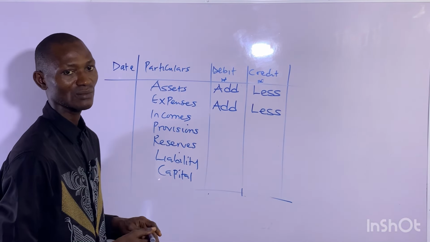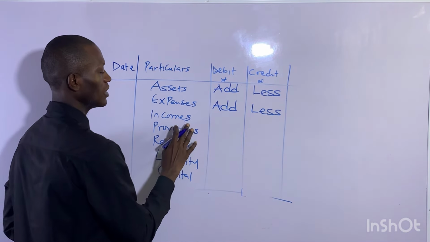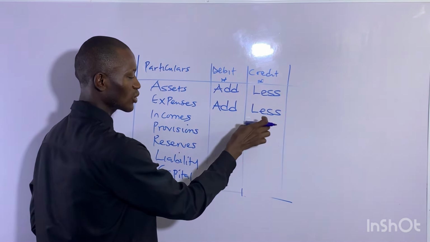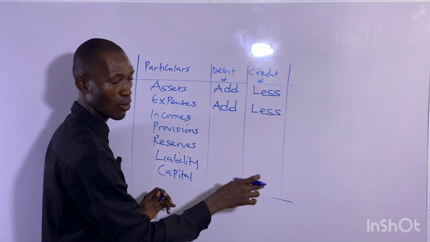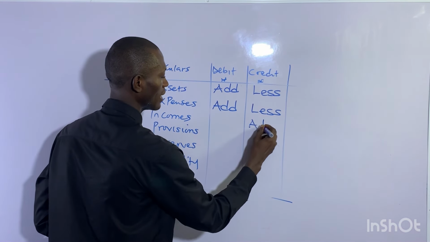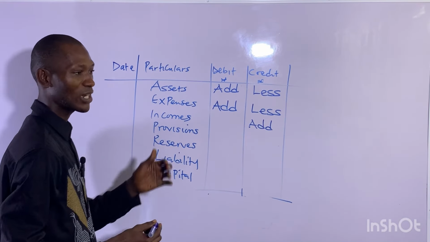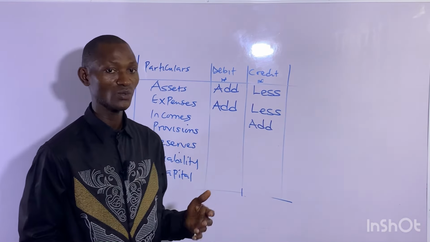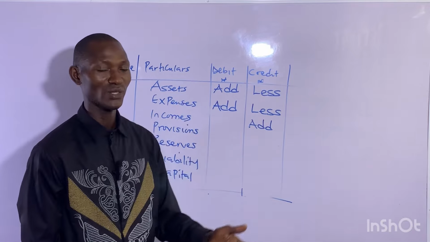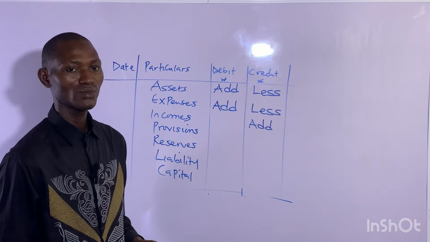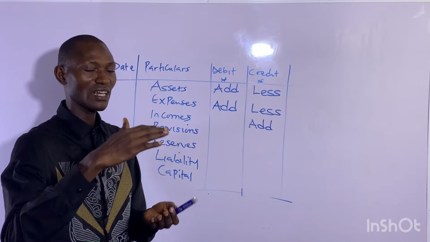That's what it means. Income account, the normal balance is a credit balance. So when you are crediting an income account more, it means the balance in it will be adding up, will be increasing. If you are crediting, let's say sales, for example, sales is an income account. The more you credit the sales account, the more the balance in it will increase, or will add up.